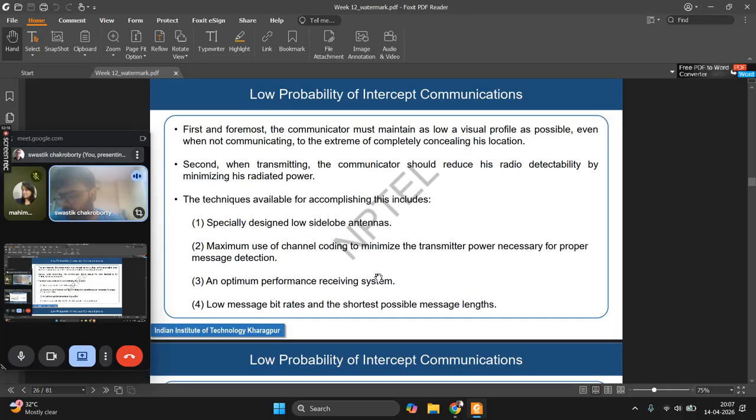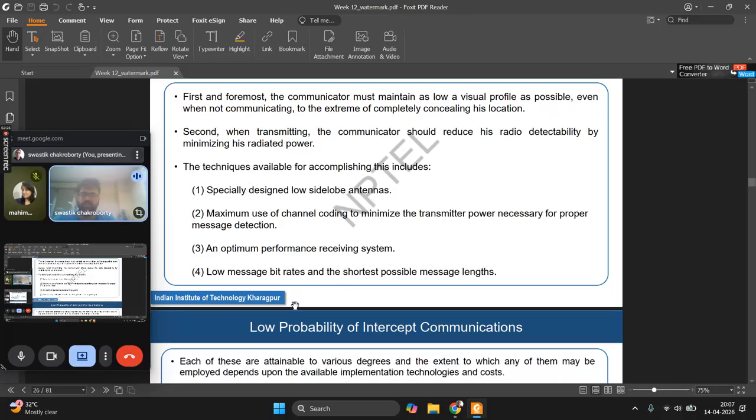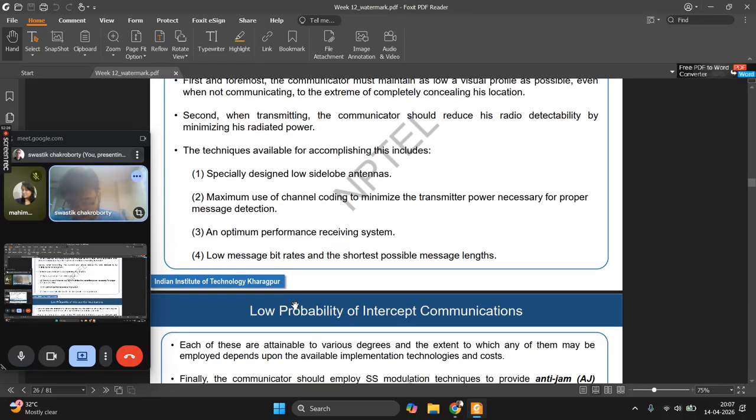Next, an optimum performance receiving system. Just like the transmitter, there should be some modification in the receiver also, so that it can detect very low powers. Its sensitivity should be very high. An ordinary receiver might detect only noise when a specially designed LPI signal is transmitted, and that is what you want.